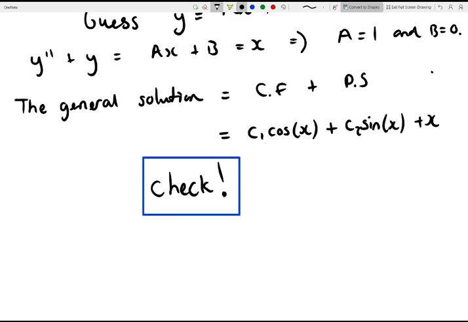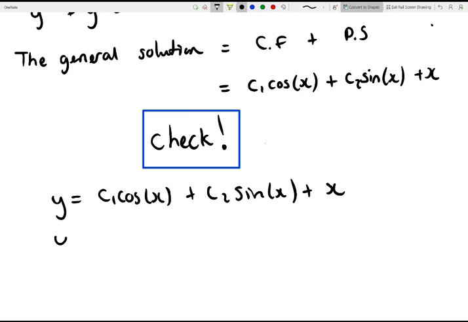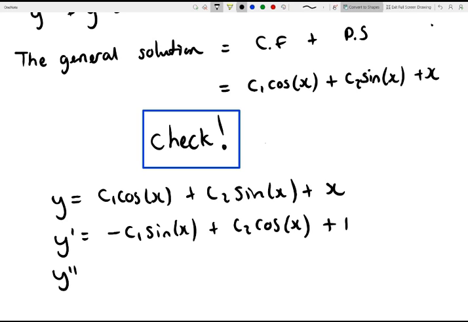So let's calculate y dashed and y double dashed. So y was c1 times cos x plus c2 times sine of x plus x. So y dashed is minus c1 sine of x plus c2 cos of x plus 1, and y double dash is minus c1 cos of x minus c2 sine of x.